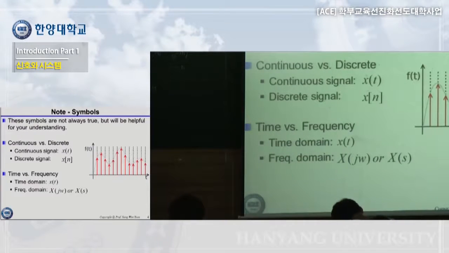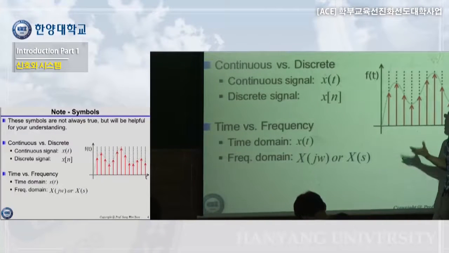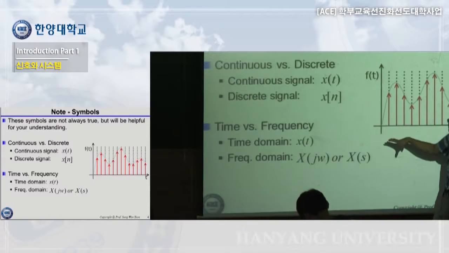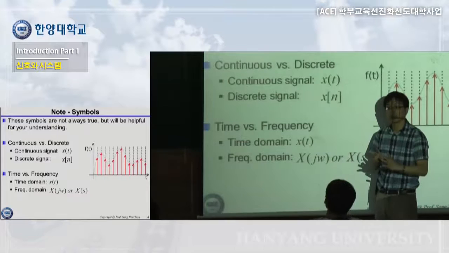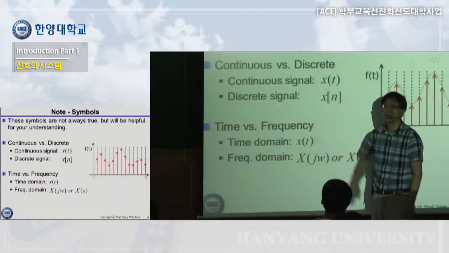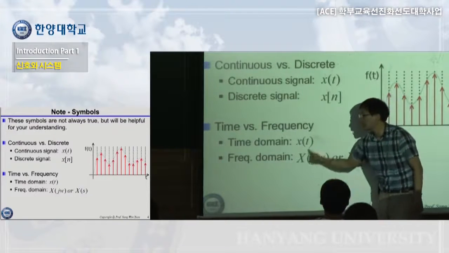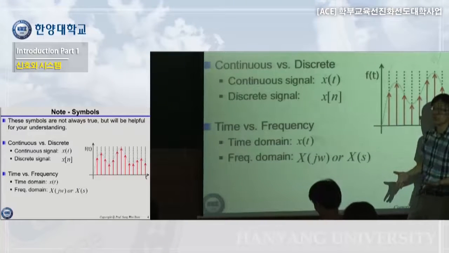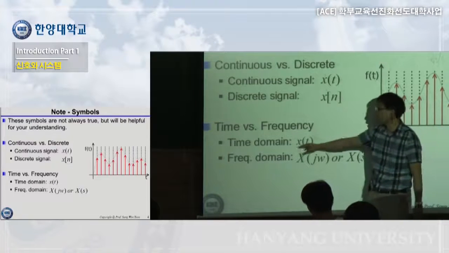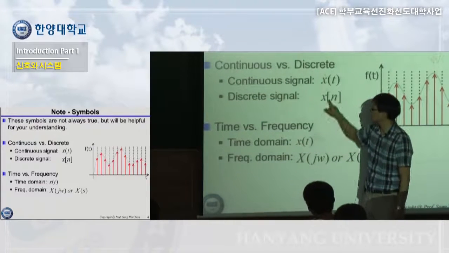Also, on Monday, I explained that one of the major objectives of this class is to learn how to bridge between discrete time and the frequency domain. If you see small x, small character, that's the time domain. If you have capital, large X, that's frequency. In small x, we use time, we can use n.